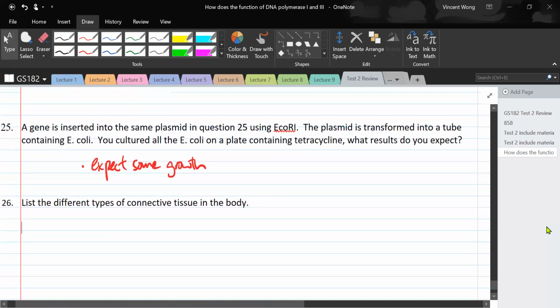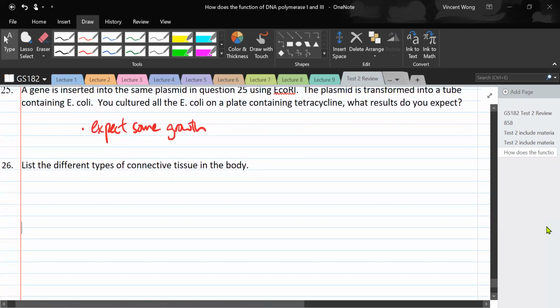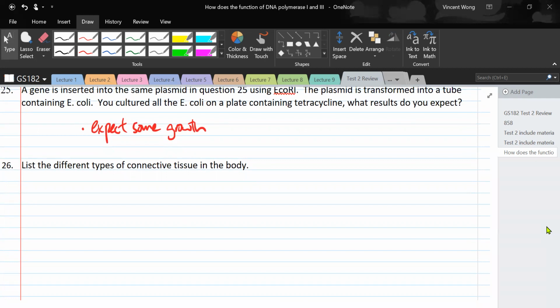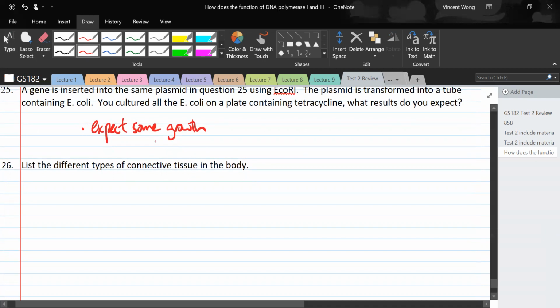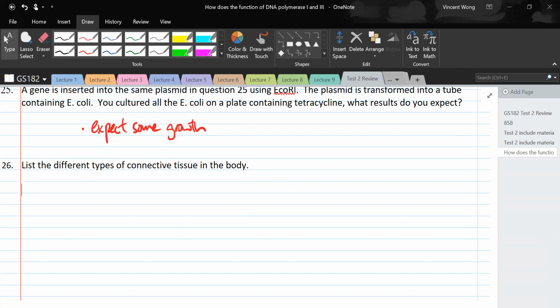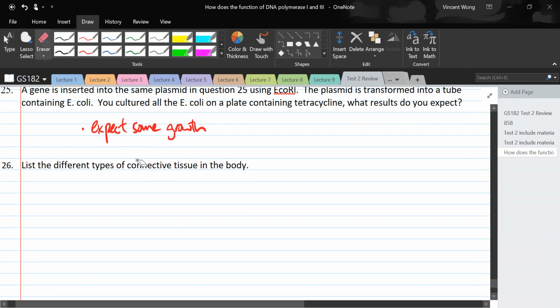List the different types of connective tissue. There's a whole bunch of them that you learned from lecture 10. In fact, we have a chart for something like that, so make sure you're familiar with these kinds of connective tissues. There's epithelial tissue, loose connective, dense connective.